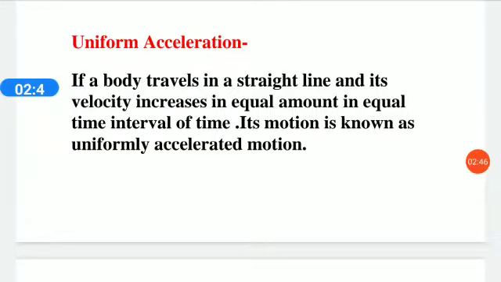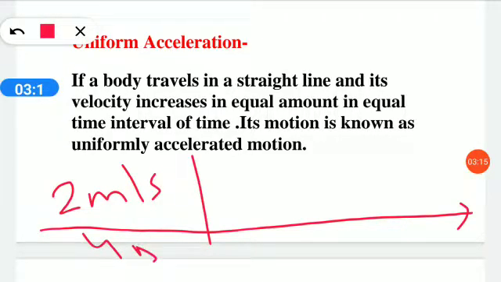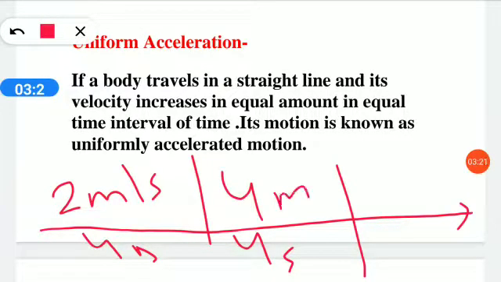It means if a body is traveling in a straight line and after 4 seconds, then the next 4 seconds, then again the next 4 seconds, the velocity was 2 meter per second, then it becomes 4, and then 8.